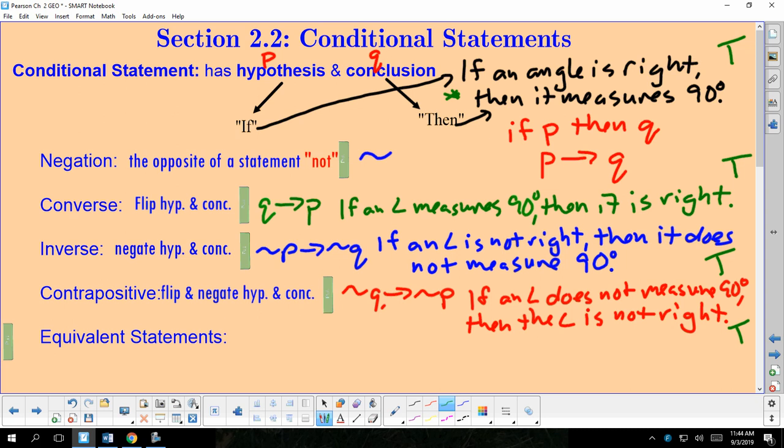So the next thing are equivalent statements. Equivalent statements are two statements that are both true or both false.